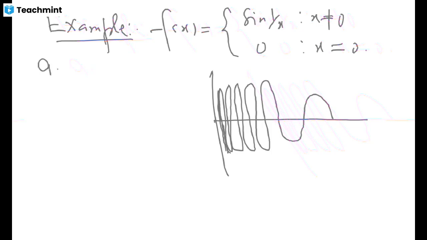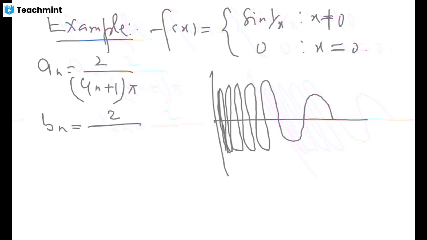Look at this number an equals 2 upon (4n plus 1) pi, and look at bn, equal to 2 upon (4n plus 3) pi. These are numbers, and I'm considering these sequences. At an, the value of the function is going to be 1, and at bn the value of the function is going to be minus 1.